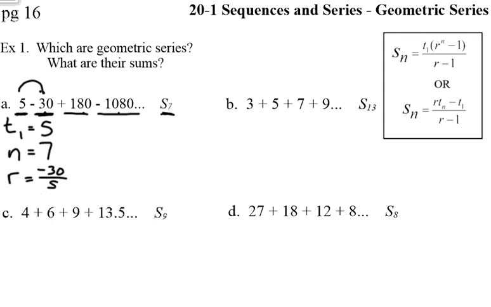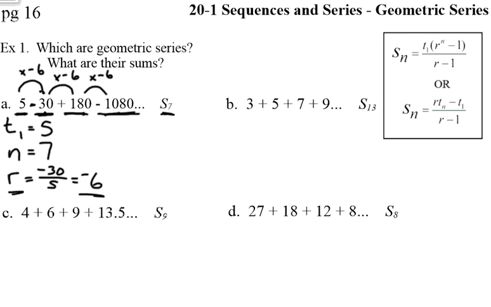Term 2 divided by term 1 gives an R value of negative 6. Well, what's negative 30 times negative 6? Positive 180. 180 times negative 6, negative 1080. So we definitely have an R value of negative 6.